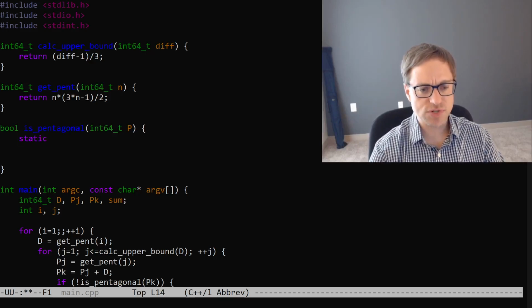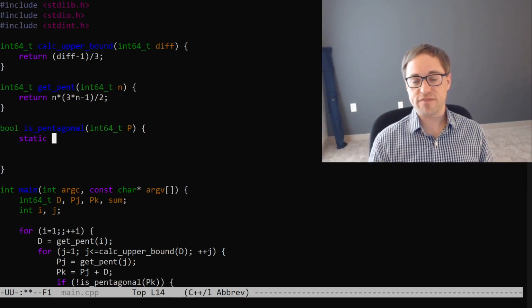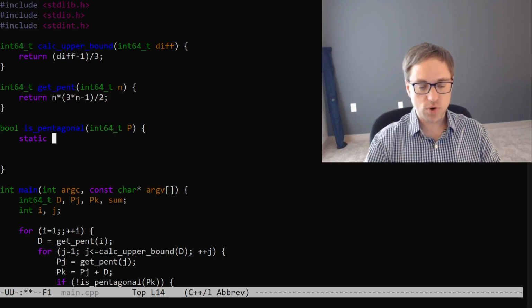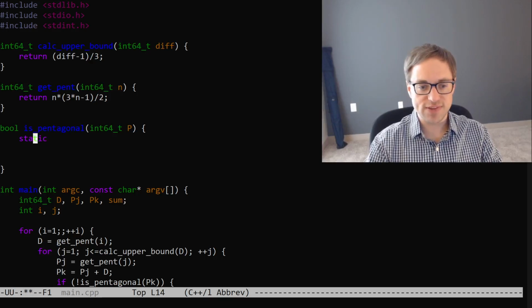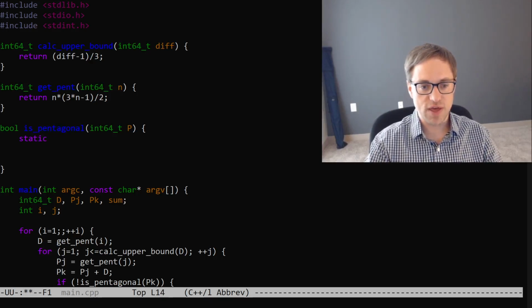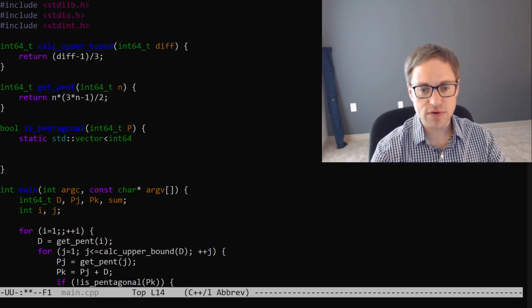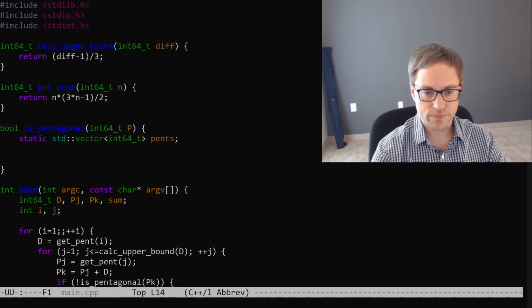And we don't want to have to reinitialize this list every time. That would be extraordinarily inefficient. And so we're going to declare this as static, which means that it persists across multiple invocations of is_pentagonal. And we're going to put that in a vector, and we'll just call that pents.